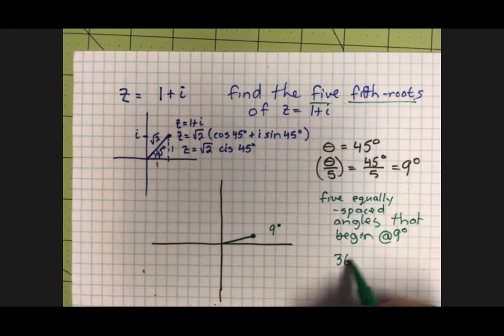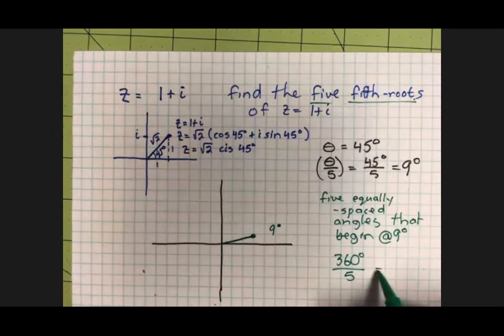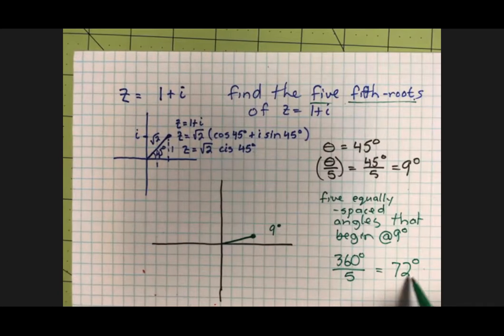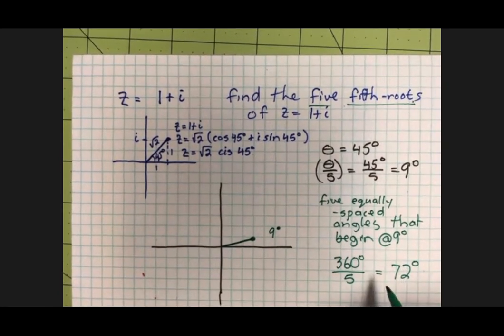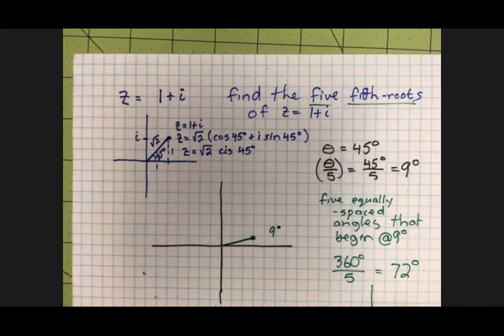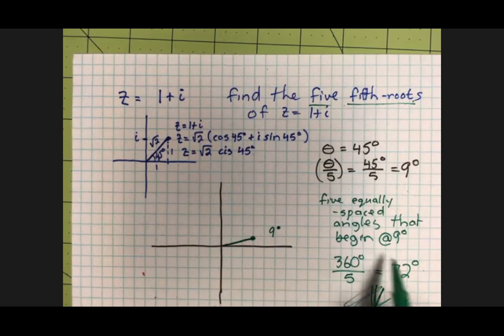Now, what's 360 divided by 5? 72 degrees. 72 degrees is not a convenient angle for measuring. I know what 72 degrees looks like, it might be relatively tall. 72 plus 9 is 81, which is getting pretty close to 90. But I don't want to draw like that. I want to draw five equally spaced angles that begin at 9. When you think about equally spaced, do you think about a pentagon with five sides?